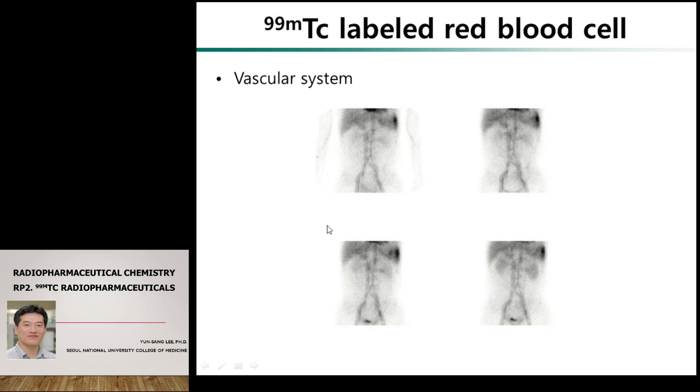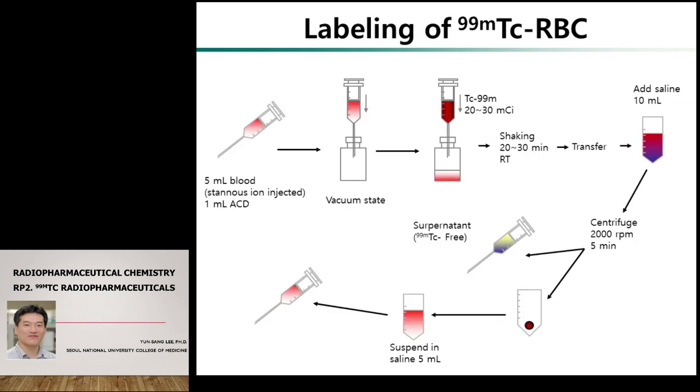Because RBCs always flow in the blood, you can see the vascular system with technetium RBC. Some specific technique is needed for technetium labeling, but I think Ajim or he can do everything.